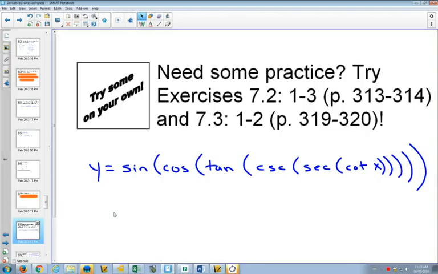Then the next inside one would be secant, and the derivative of secant is secant tangent, so you'd have secant cotangent x and tangent cotangent x. And finally you'd have the derivative of cotangent x, which you would write as negative cosecant squared x. So as far as how long that would take, you'd probably have to get longer paper and turn it landscape size if you wanted to attempt to do that all in one line. But yeah.